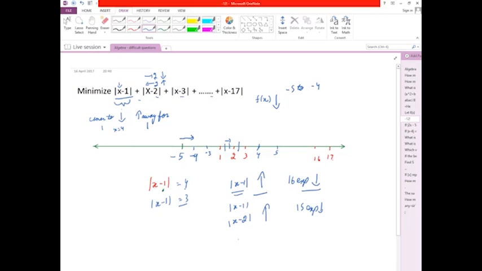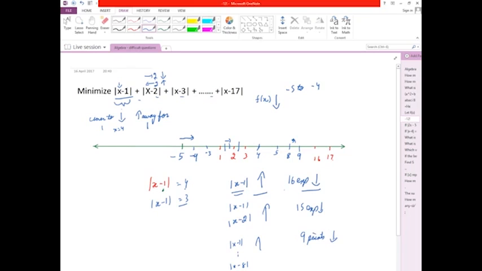The moment I have crossed 8 points, now I have reached somewhere between 8 and 9. Now 8 expressions' values have started increasing. So x minus 1 to x minus 8, all these values are increasing now. So the function might start increasing. It was decreasing till here, but now it might start increasing. But there are still 9 points ahead of me whose value is decreasing.